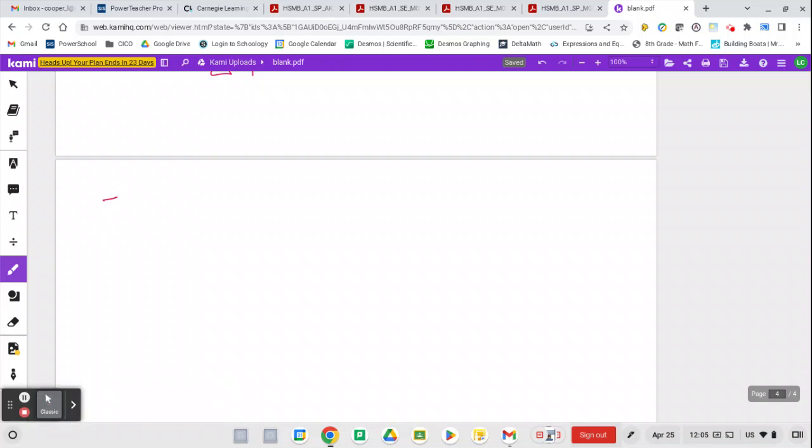Okay, negative 4x squared. Did you write this down? Okay. Can somebody type that in for me and say what the x-intercepts say?